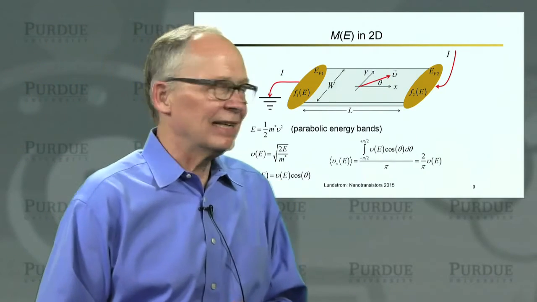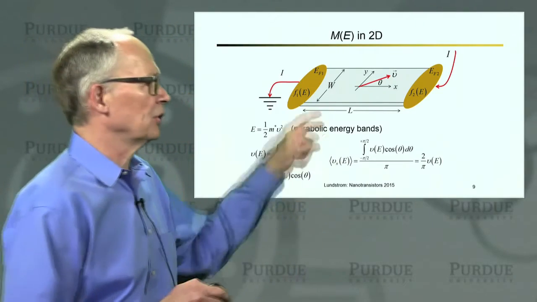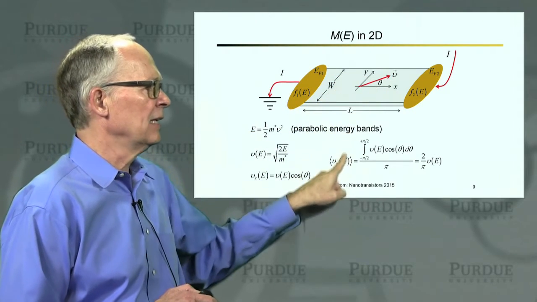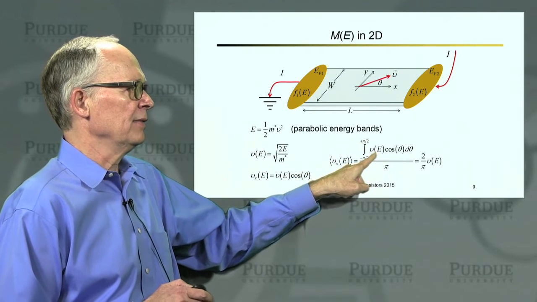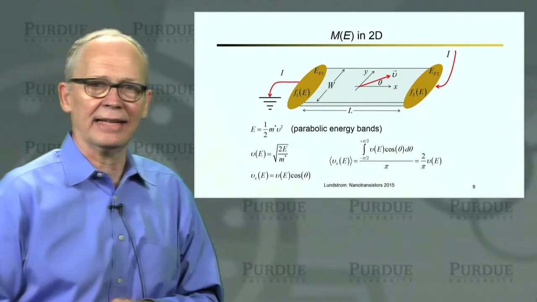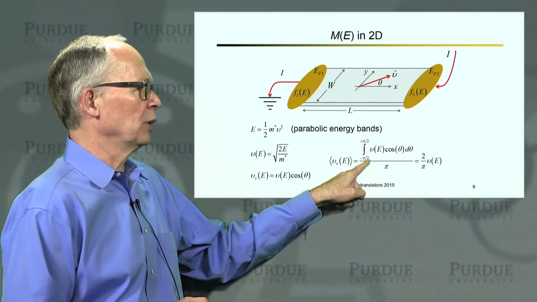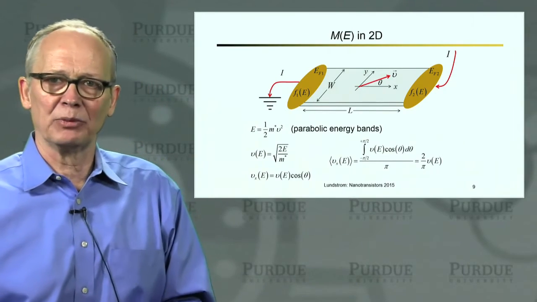I'm interested in the angle-averaged x-directed velocity, so I have to average over all of the forward velocity states. So I'll integrate from minus pi over 2 to plus pi over 2, v of E cosine theta d theta, and I'm doing an average over angle. When I sweep from minus pi over 2 to plus pi over 2, I'm going over pi radians.